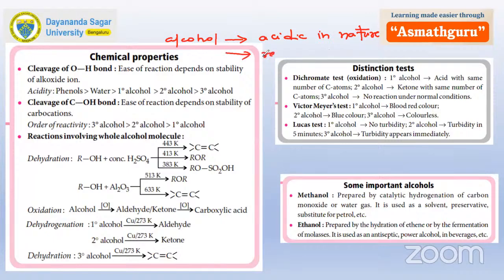Because it reacts with sodium. That's why we say it is acidic in nature. The acidic nature of primary alcohol is more than secondary and tertiary alcohol. Please remember this part. But compared to phenol, the acidic nature of alcohol is less. In fact, it is lesser than water also.